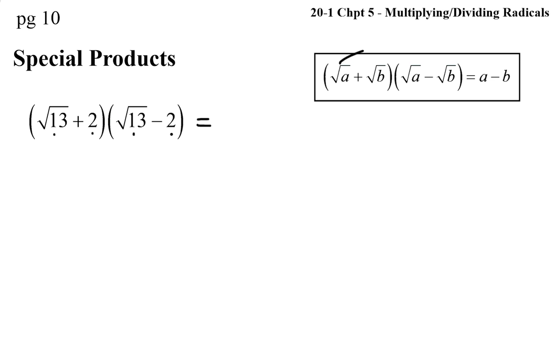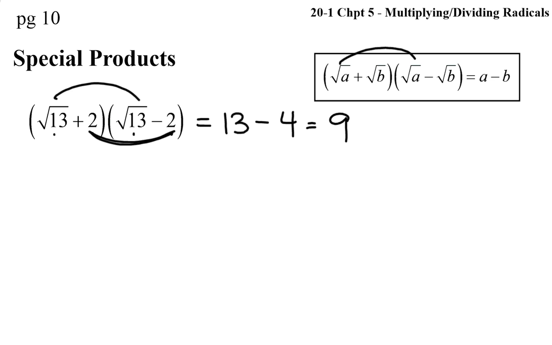It means we do root A times root A, which is just our A value, 13. We also have to do the second term and the second term. In this case, 2 times 2 is 4. We're not square rooting, so that would just stay as a 4. And it's a negative because it would be a positive and a negative. 13 minus 4 is 9.